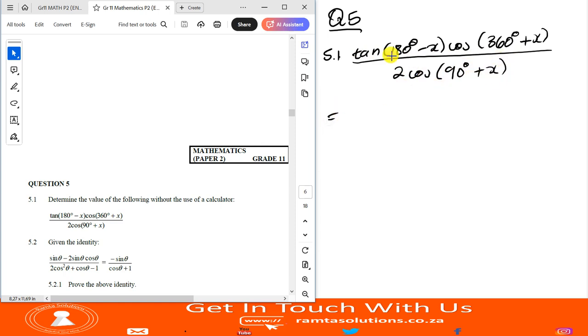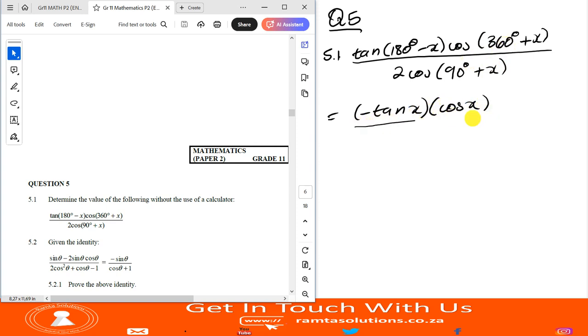Tan in the 180 minus quadrant is negative, so this will be negative tan x. Now cosine in the 360 plus: remember, guys, these unknown angles are acute angles, so 360 plus is the first quadrant. Cosine in the first quadrant is positive.